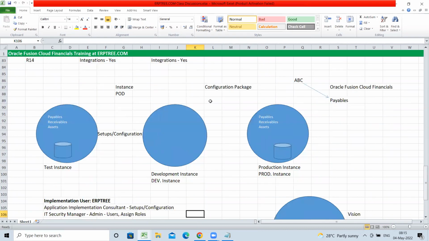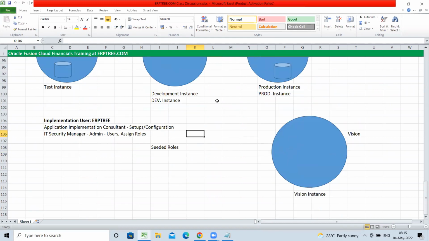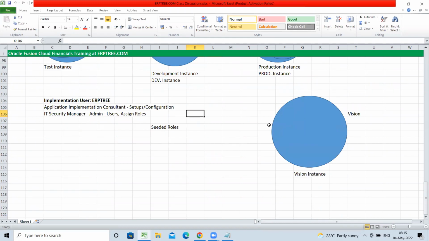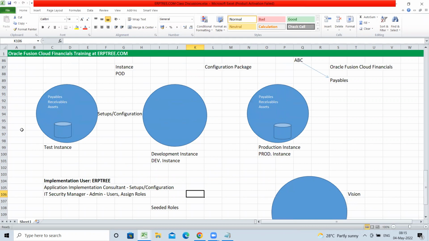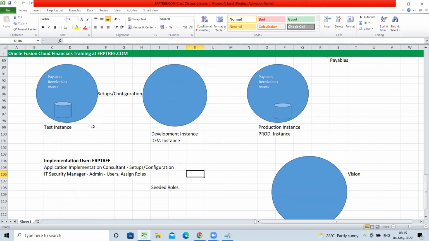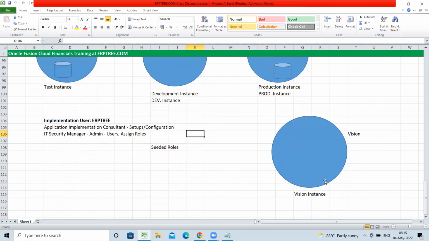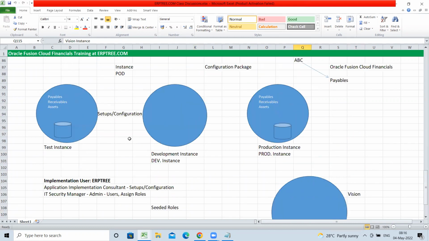When we sign up for this course, you will get a Vision instance, but not really a Vision instance. It is a test instance, and when we test, we create some sample data. Within that instance, you don't find any Vision data. You will get a test instance for our practice.